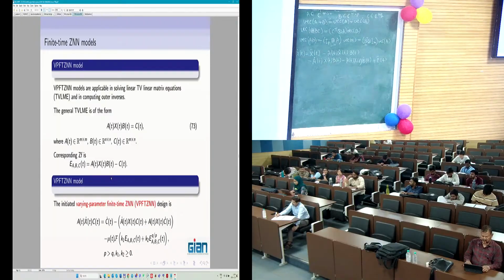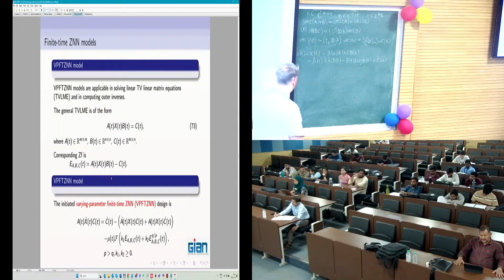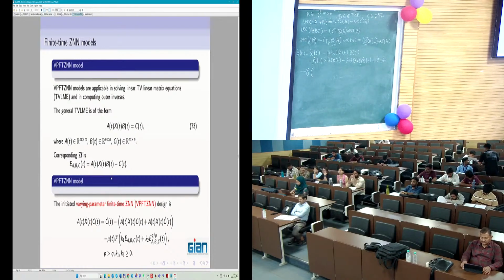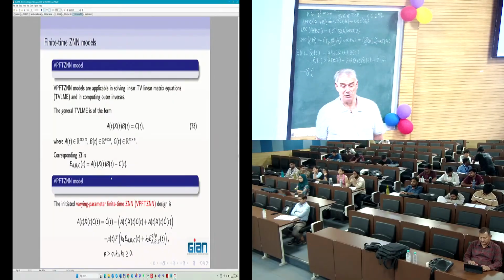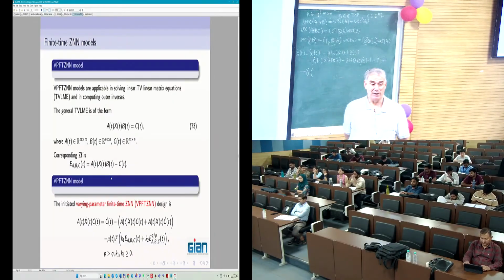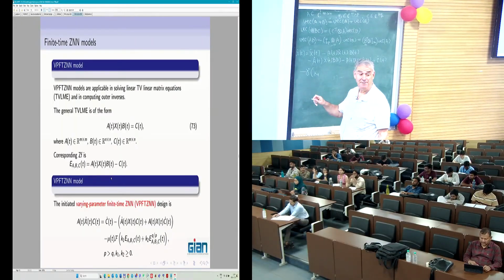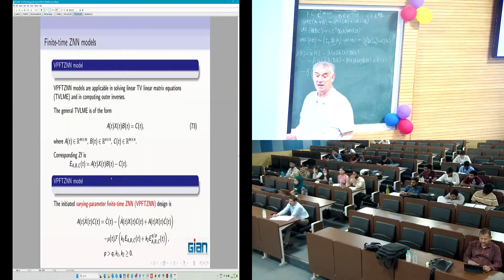It will be fixed, different parity, non-linear activation, but consider k1 e of t plus a similar approach is to use k1 power p, where p is greater than 0. E of t.